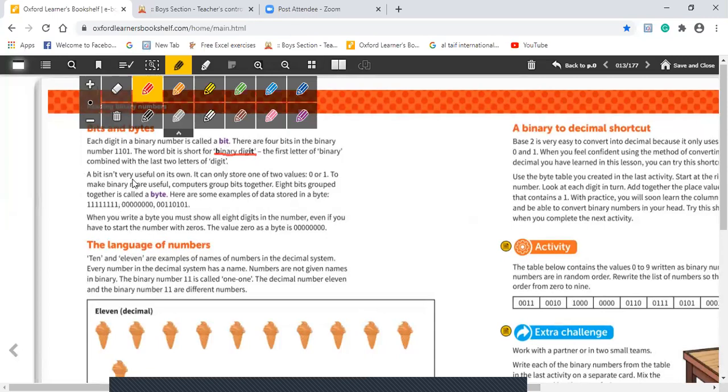A bit isn't very useful on its own. It can only store one of two values. You have to keep this in your mind, very important. On a bit, you cannot store more than 0 or 1. It can hold only 0 or 1. To make binary more useful, computers group bits together.